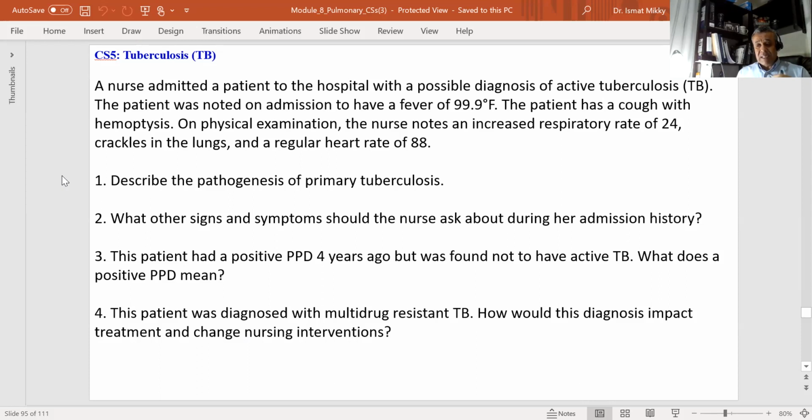The immune system was sensitized to the antigen with the initial exposure, and when the patient is given a small amount of the antigen, which is the PPD, purified protein derivative, an immune response occurs, and there is documented erythema and induration at the site.